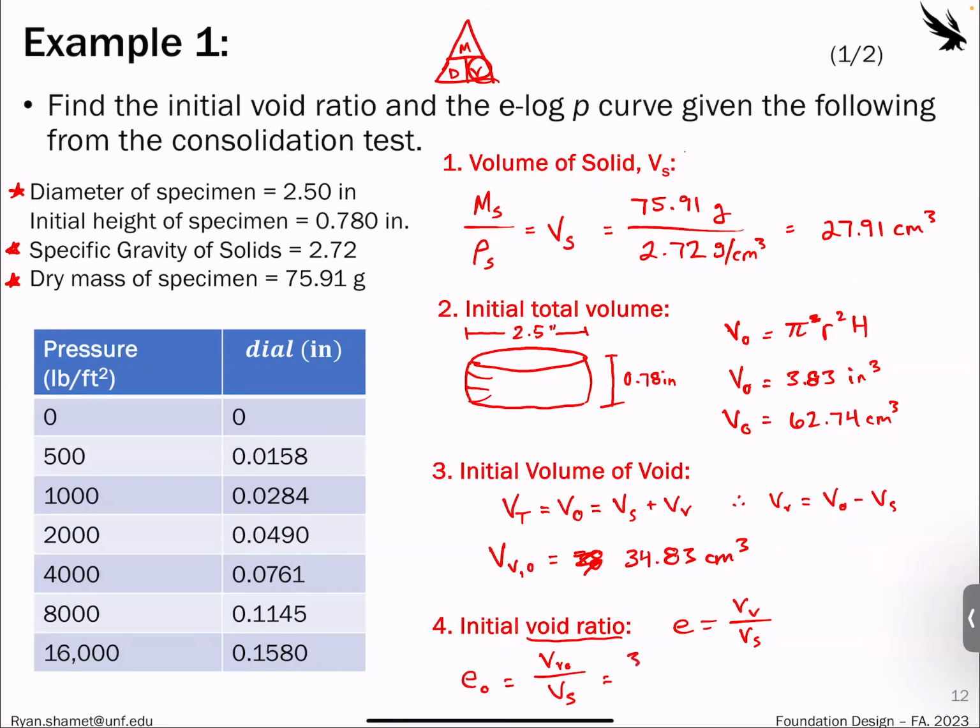We're going to assume that the solid portion is not leaving the oedometer and not getting washed out, since the pervious stones lock it in. Using cubic centimeters over cubic centimeters, our void ratio is equal to 1.248. And that's our initial void ratio.